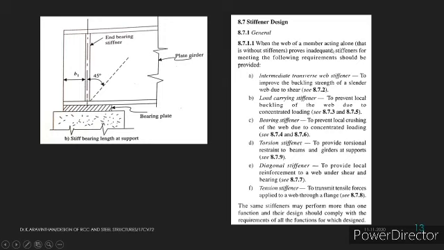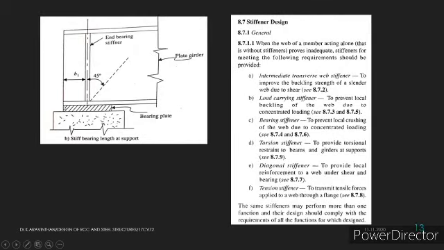If you can prove that the web is adequate to carry the load, then the end bearing stiffener is not required. The stiffeners for meeting the following requirement should be provided. Below you have different types of stiffener, that is intermediate transverse web stiffener, load carrying stiffener, bearing stiffener, etc. In further lectures we will be discussing these in detail.